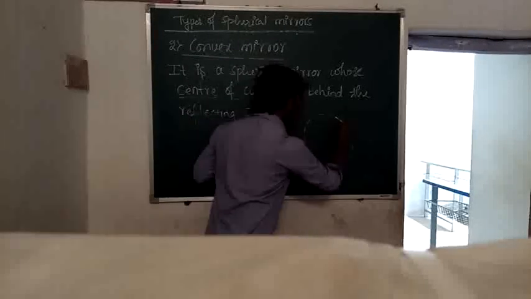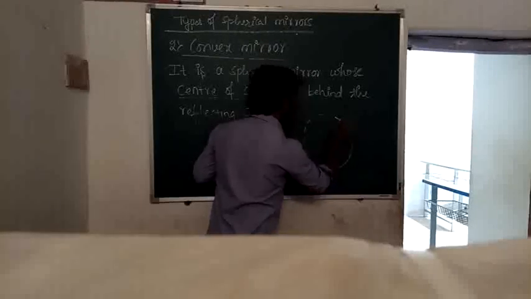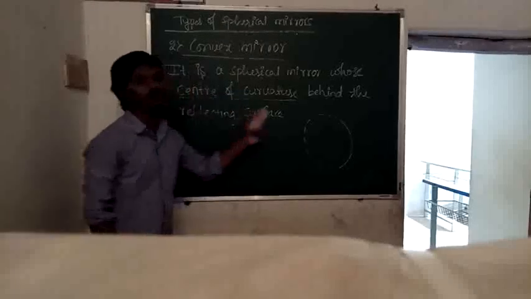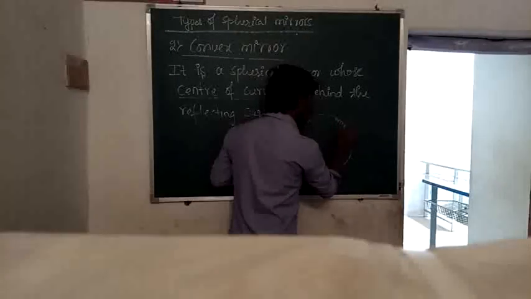Let us take a part of the hollow sphere. This part of the hollow sphere is called a spherical mirror. Then we have to know which type of spherical mirror it is. Suppose the inner surface is polished and the outer surface is reflecting.